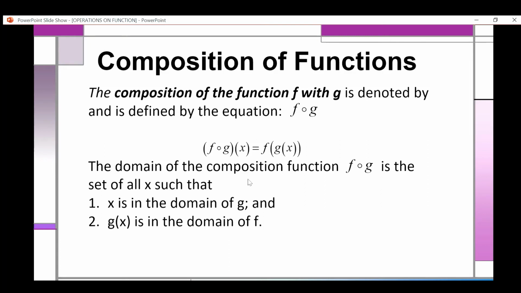So, the domain of the composition of function f circle g is the set of all x such that, number 1, x is in the domain of g. Okay? And g of x is in the domain of f. So, si x, wala siyang restriction dapat sa domain ng g. And si g of x, wala rin dapat siyang na-violate na restriction dun sa domain ng f natin.